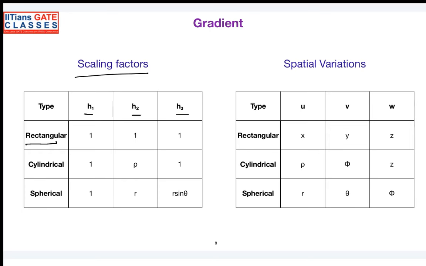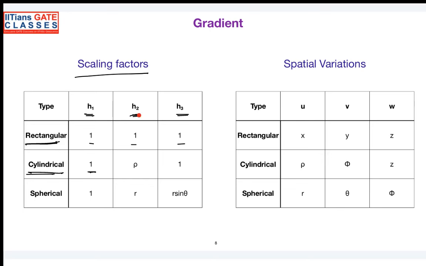In cylindrical, h1, h2, h3 represent rho, phi, z. When you move in a rho direction, the multiplier will be 1 because it is a linear distance. When you move in a phi direction, what is the change you got? Rho into d phi. So there is a multiplier of rho. And when you move in a z direction, you are calling it dz, so the multiplier will be 1.